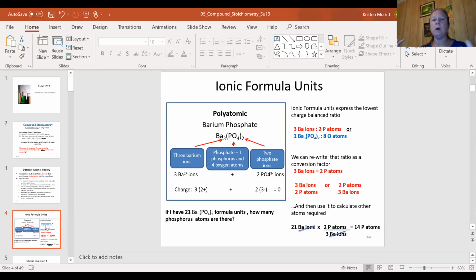It's the ratio of each. And we can talk about these ratios in the same way we talked about unit definitions. This is, in a sense, a definition. So I will go to the whiteboard to look at our barium phosphate here. And we're going to break this down a number of different ways to show you how we can use stoichiometry.